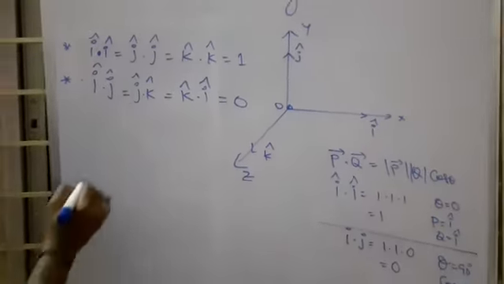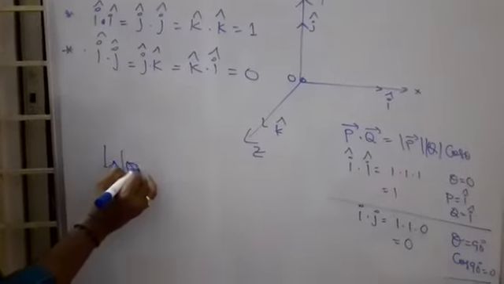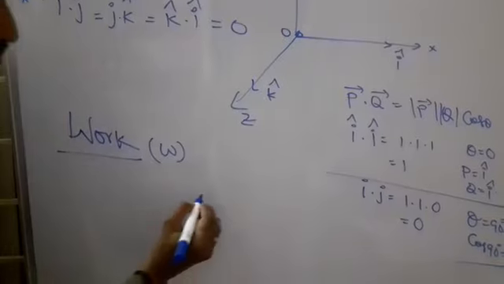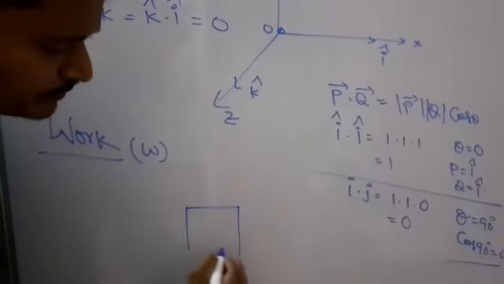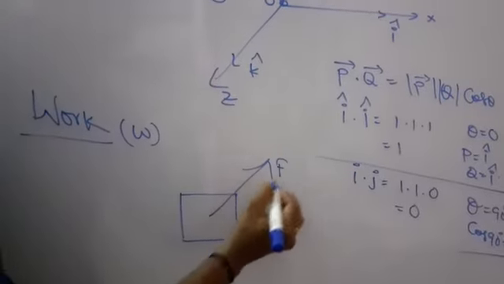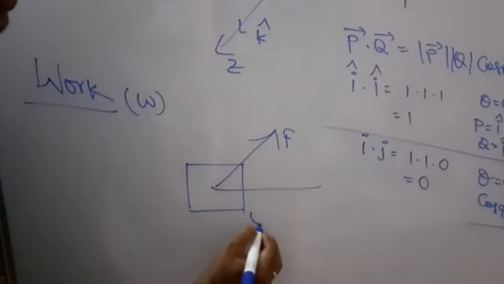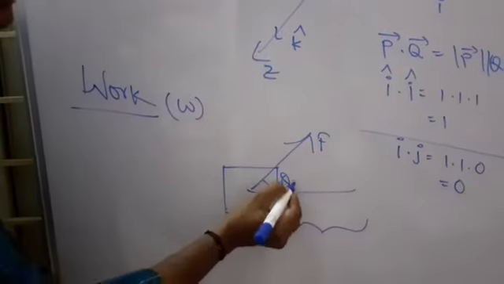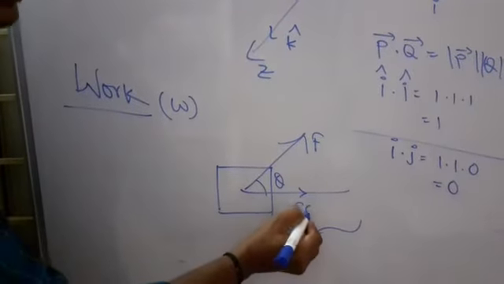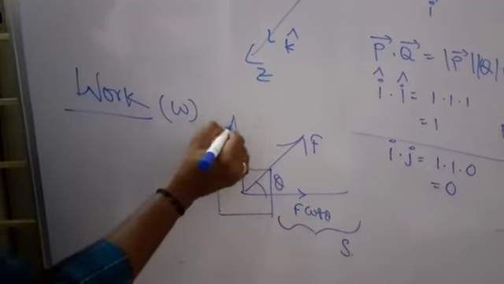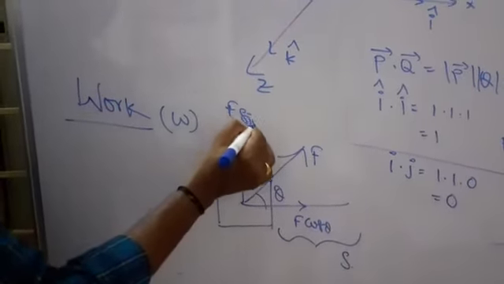Next, work. Work is nothing but the product of force and the force component along the direction of displacement. So this is called work. The force is divided into two components, F cos theta, where S is the displacement, and F sin theta.